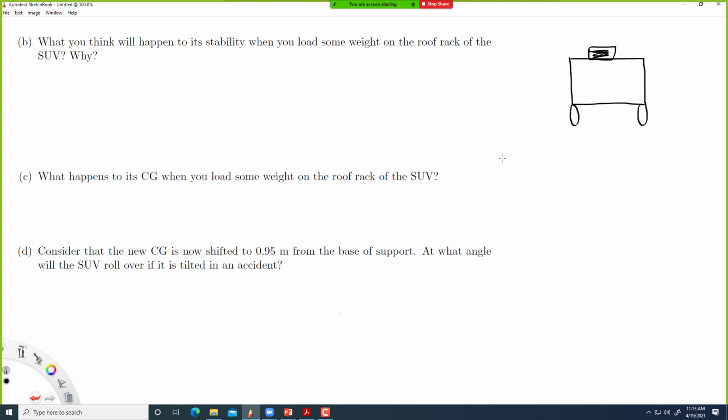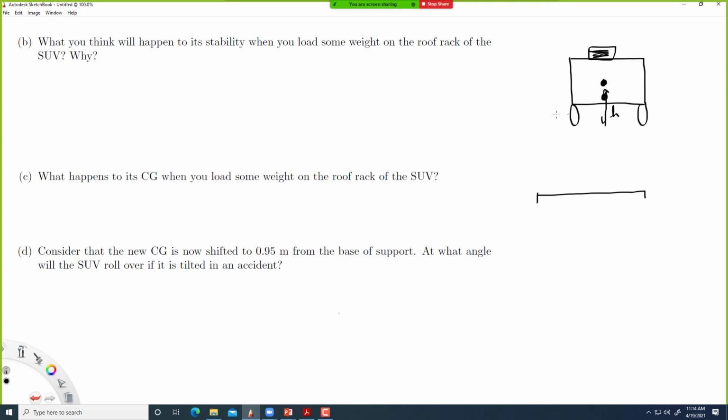You're increasing the height. Yeah, exactly. So basically the center of gravity is shifted up when you put more weight on the top. Okay, so initially when there is no weight here, let's say its center of gravity is here, but as you put more weight here, the center of gravity would be shifted up, and because of that this height increases.